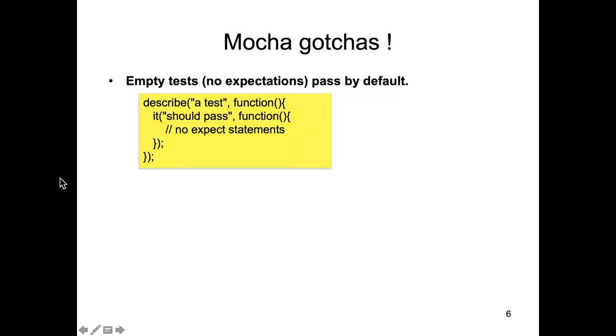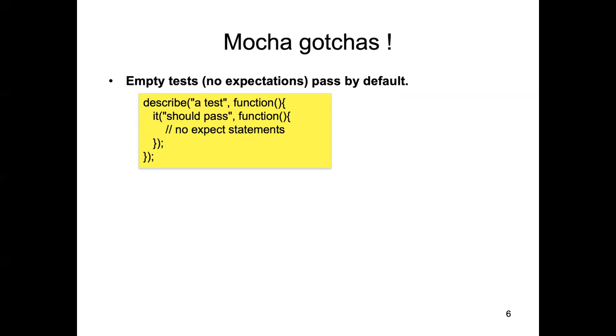Now, we are going to be using Mocha, which is good, but there are one or two aspects of Mocha that we need to be aware of. The first thing is that if in a Mocha test you have no expectation statements, then by default that test will pass, which makes sense, I suppose.